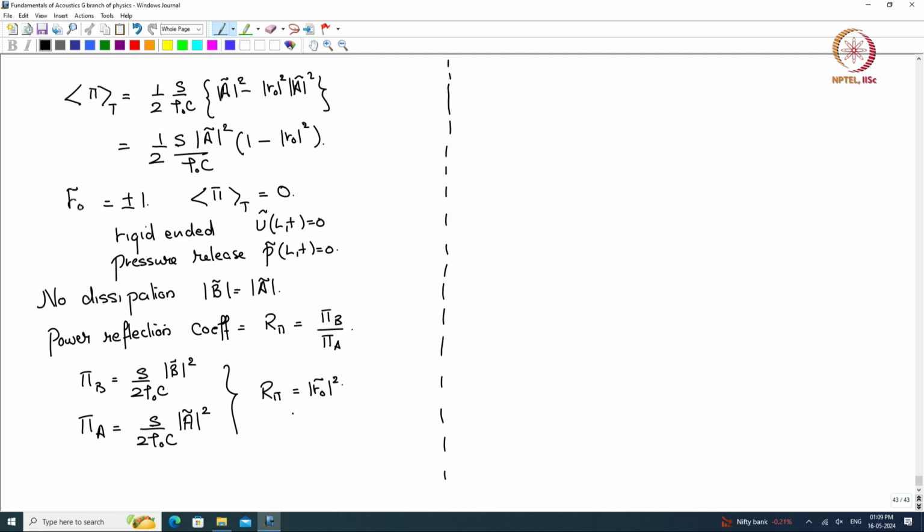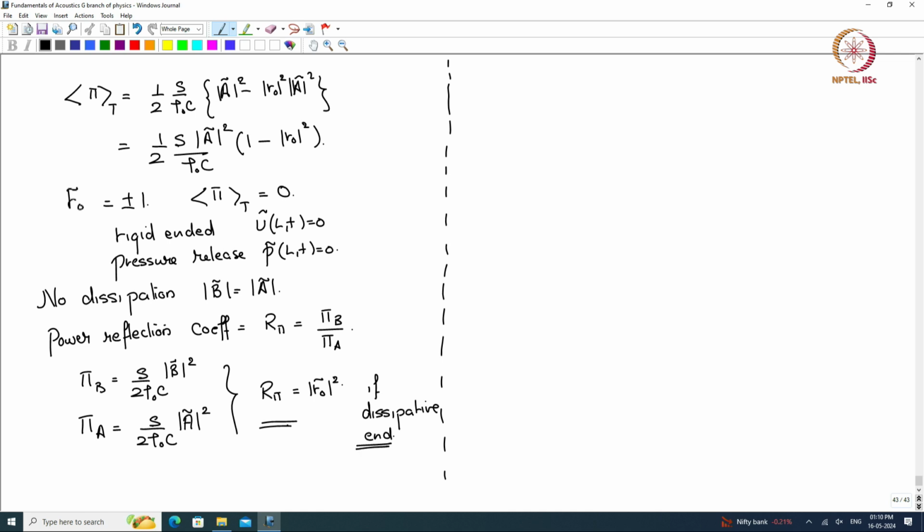So this will be non-zero, or this will be less than 1 if there is a dissipative end, if the boundary condition is dissipative.